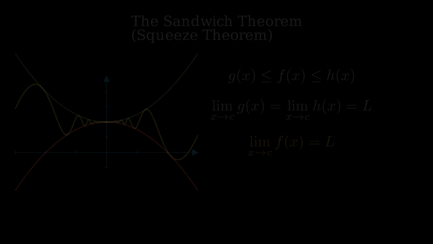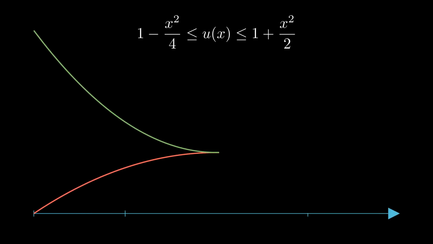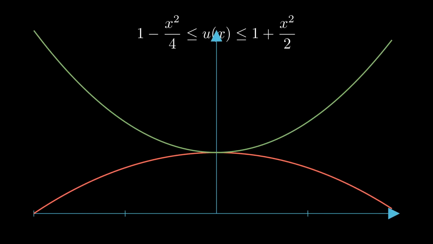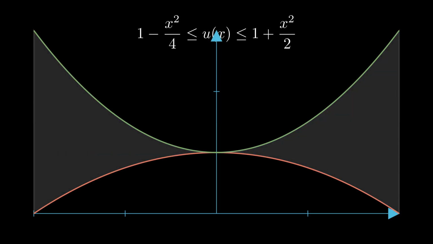Okay, let's look at a direct application with an example. We are given an unknown function, u of x, bounded by two parabolas near x equals 0. We need to find the limit of u of x as x approaches 0. First, we evaluate the limit of the lower bound as x approaches 0.